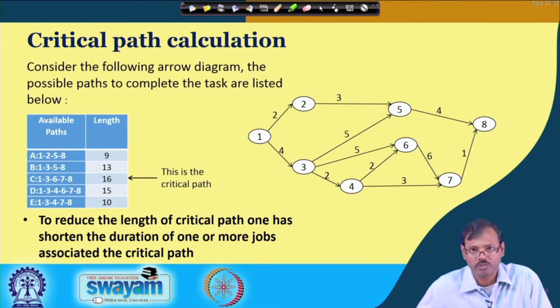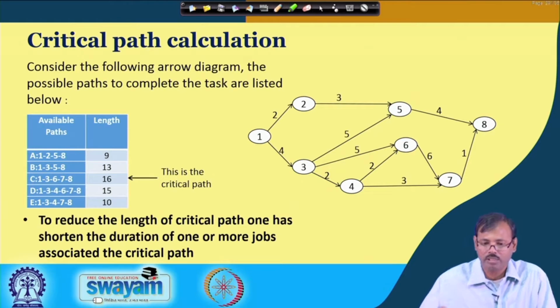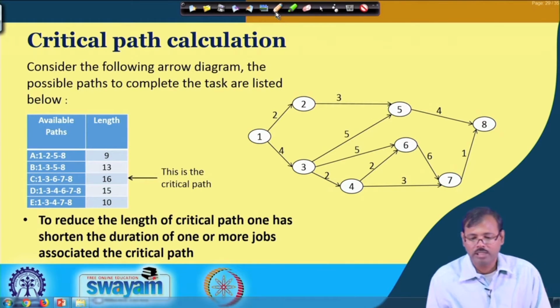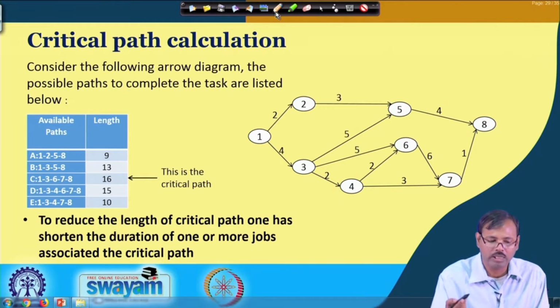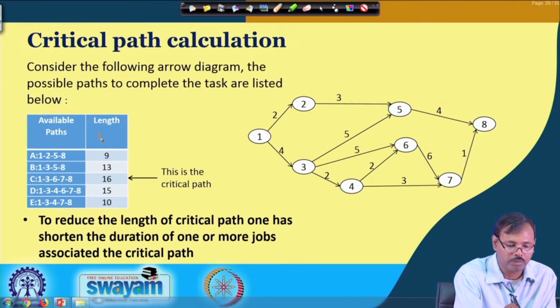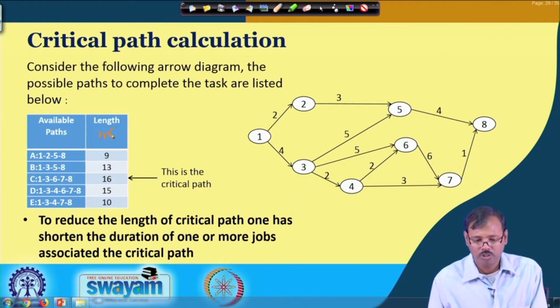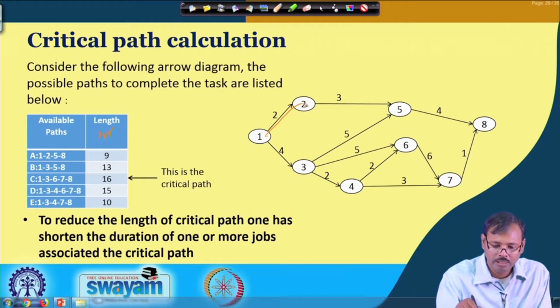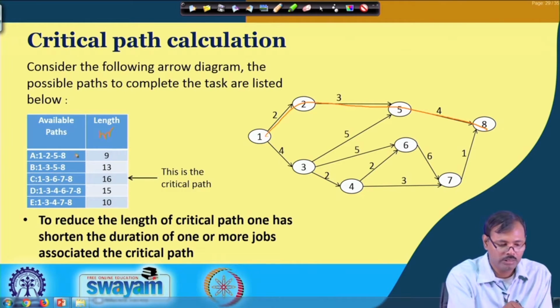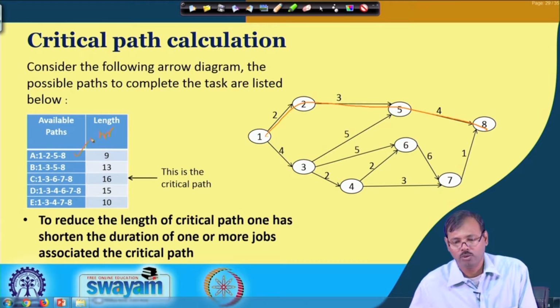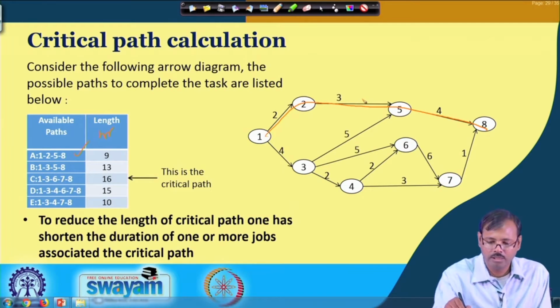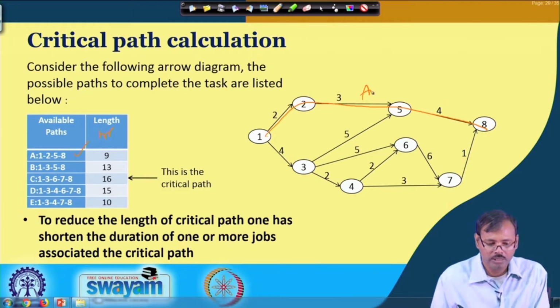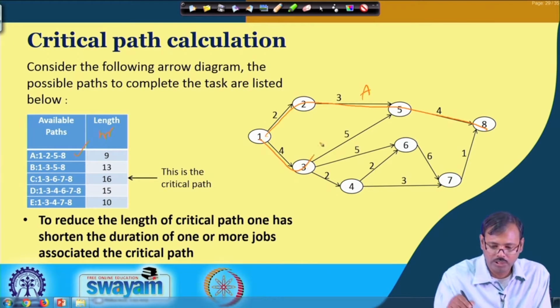This is the example, I have not given you the table. In this example, you can see the nodes are only connected with the jobs, job names are also not given, only the attributes. Say for this consideration, this is in hours. Okay. So, the times of these are given, and you can see path A is taking this one, that means nodes 1, 2, 5, 8 is path A. Path B is this one, 1, 3, 5, 8.